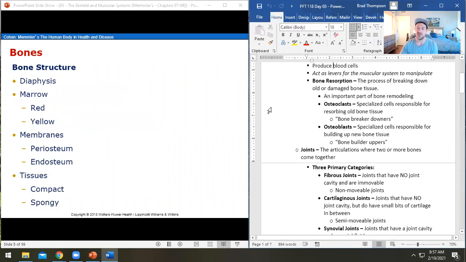And then, and this one's in italics here because it's the most important for our conversation, even though it's not necessarily in the PowerPoint here. The most important thing that your skeletal system does, that all your bones do, is they act as levers for your muscular system to manipulate. So they actually are the things that your muscular system moves around, right? Like I'll have a muscle that will run over top of the shoulder and attach down here.